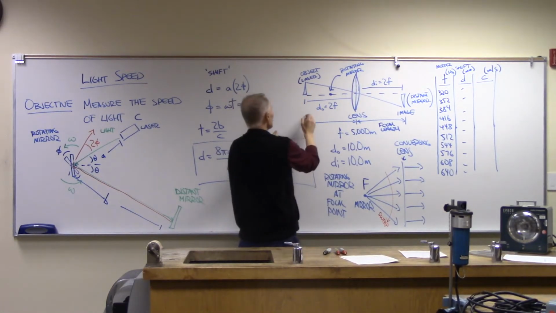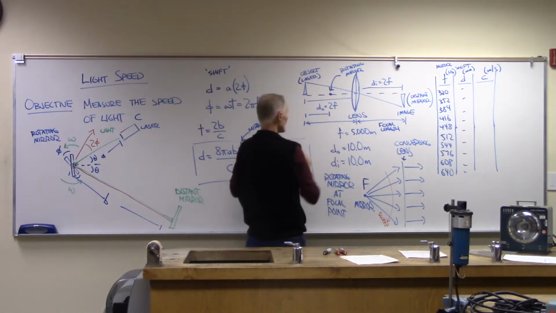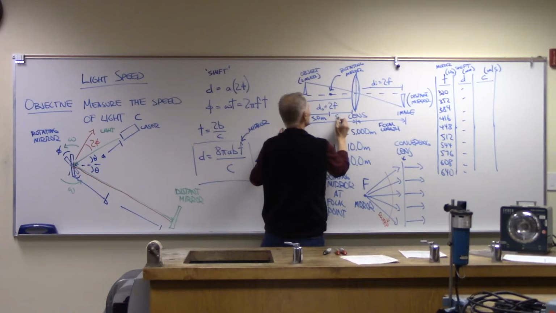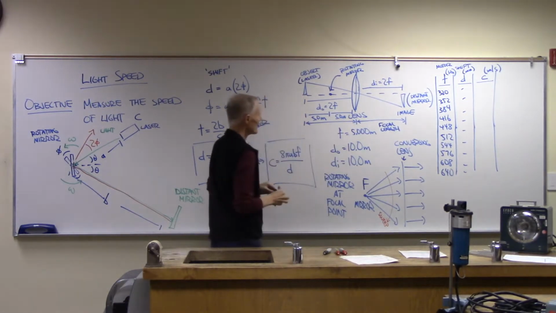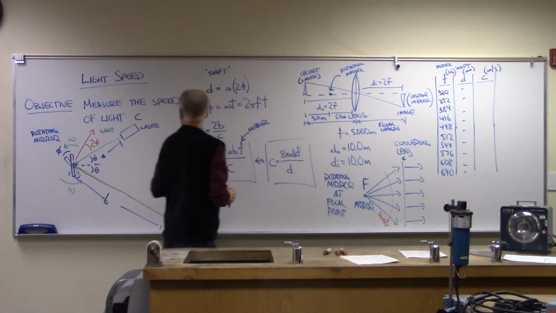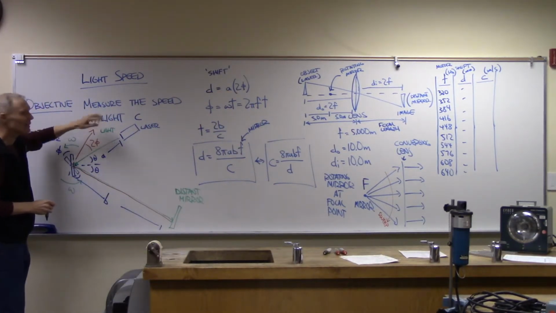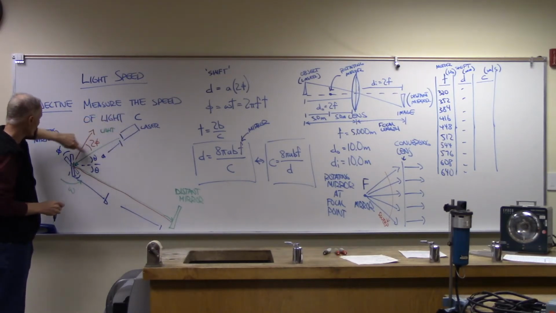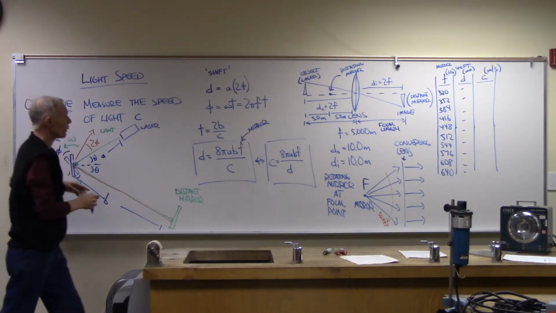All right, so what that gives us is the rotating mirror needs to be right at the 5-meter mark. That's going to take this 10 meters and divide it up into 5 and 5. Now, on the diagram, we identified two different distances. Distance A is from the laser to the rotating mirror.